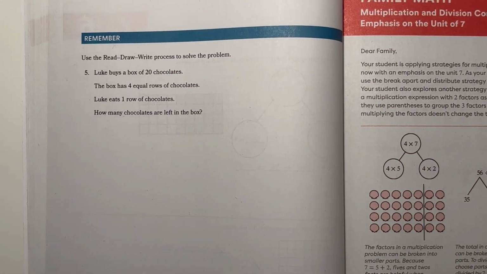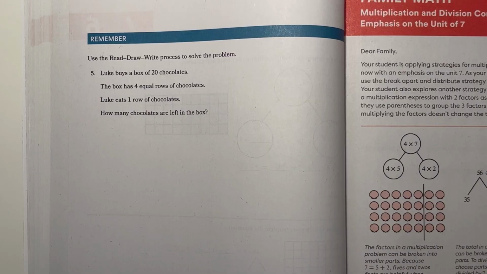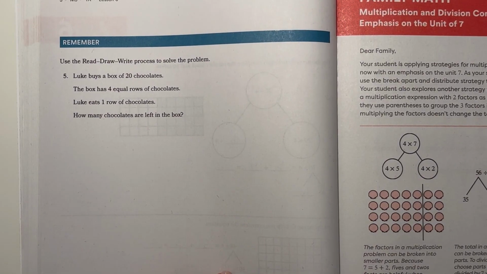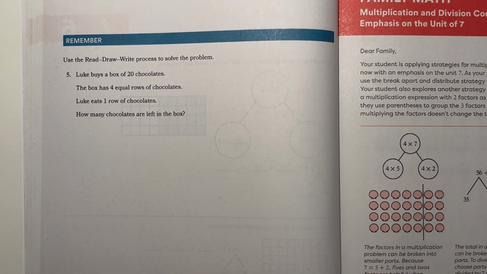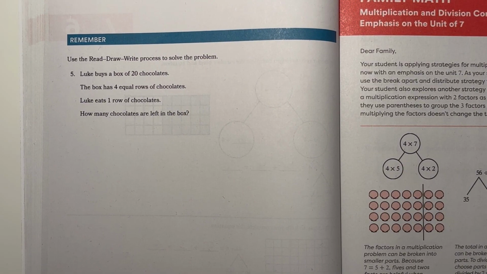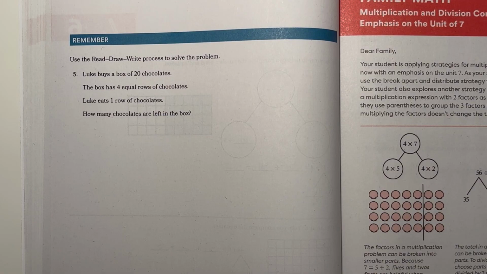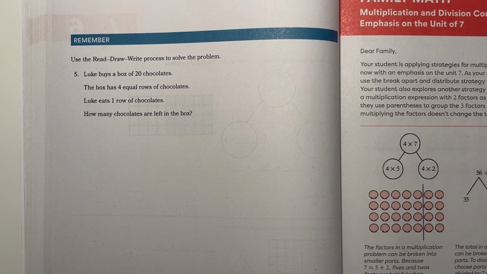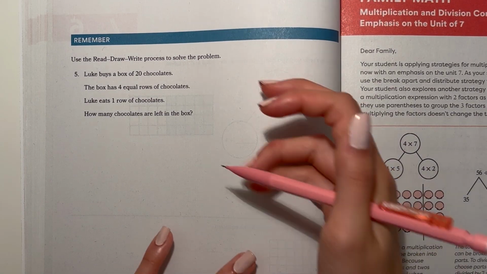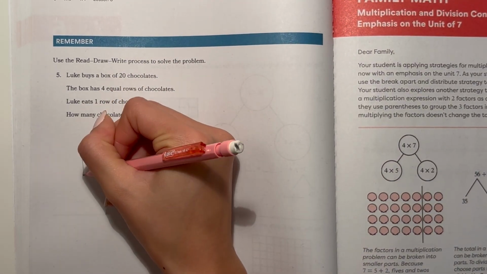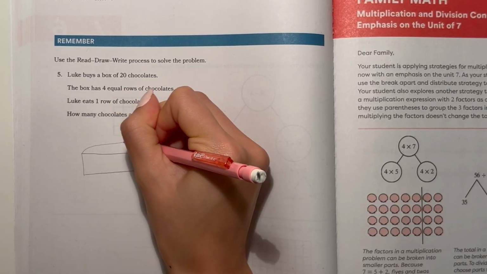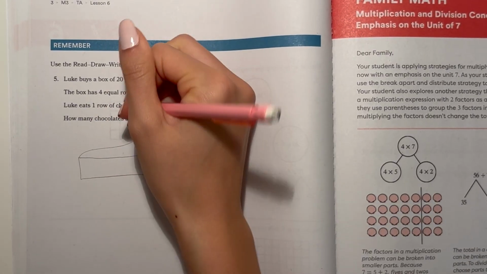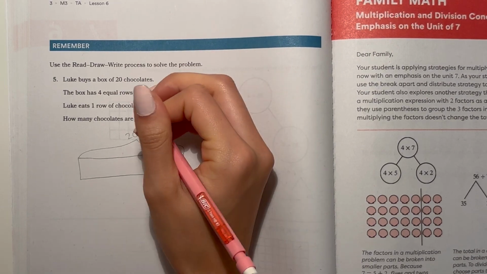Now, use the redraw right process to solve the problem. Number 5, Luke buys a box of 20 chocolates. The box has 4 equal rows of chocolates. Luke eats 1 row of chocolate. How many chocolates are left in the box? Alright, so we know the total is 20 chocolates.